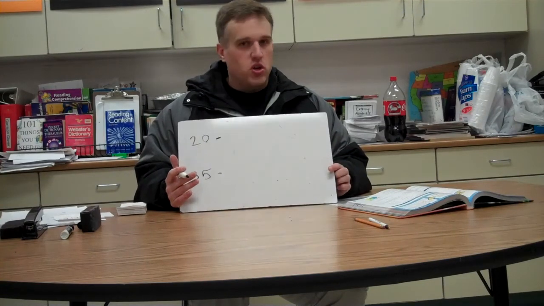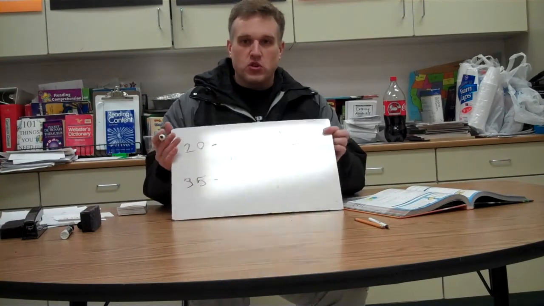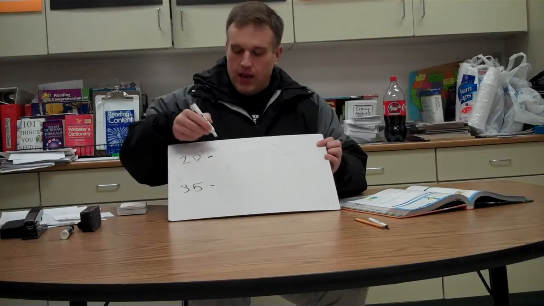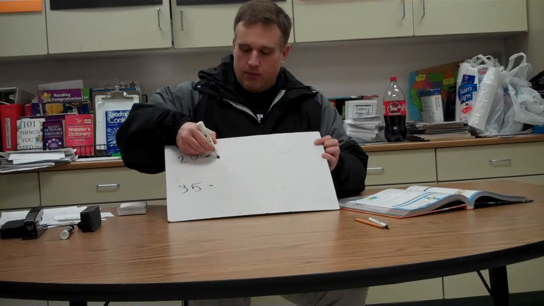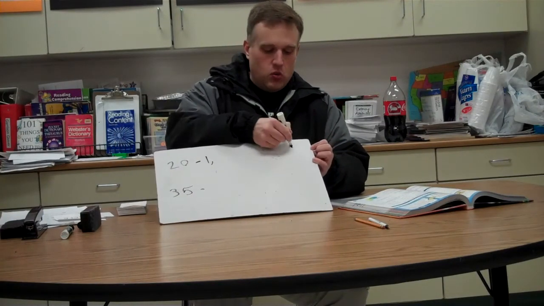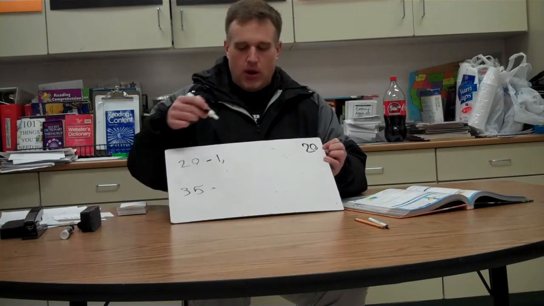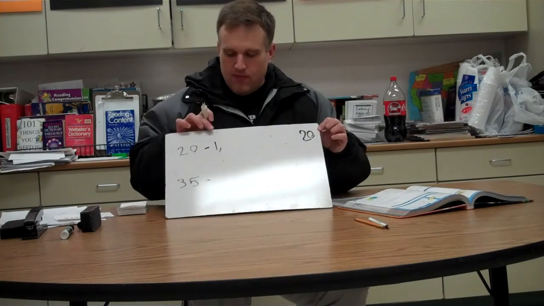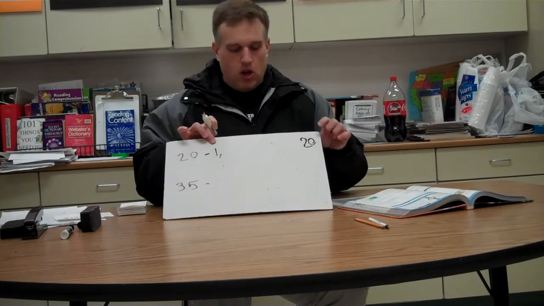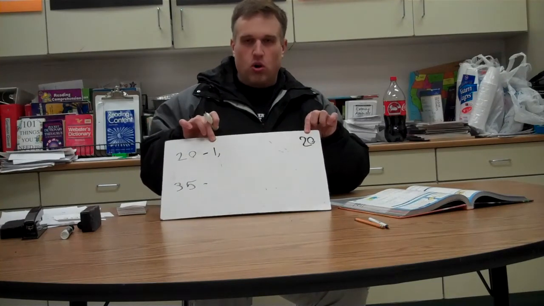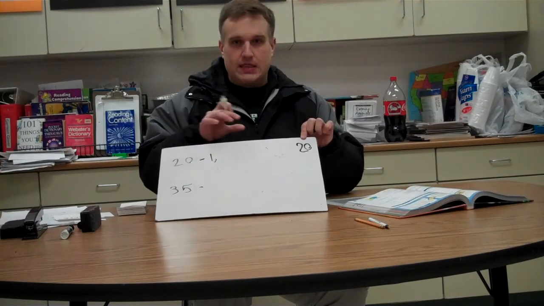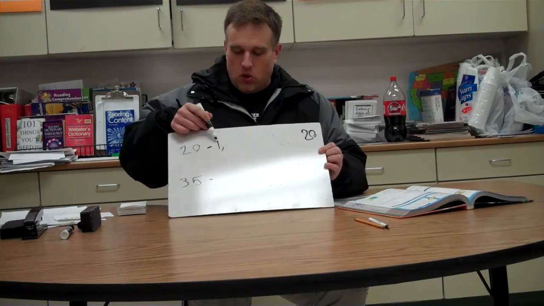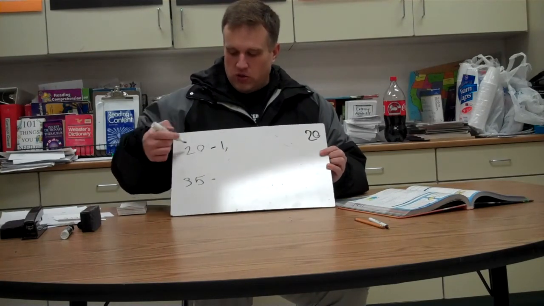So those are the two that you should know right off the bat. So those are always our first two factors. So for 20, first thing I can multiply is 1 and 20. And again, remember how we talked about we need to start from the smallest and then work our way to the back. It's going to make it easier at the end. So 1 and 20 are factors of 20.